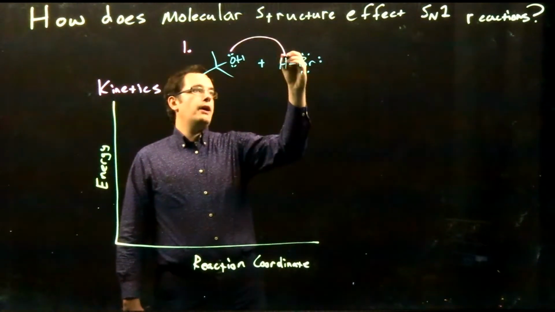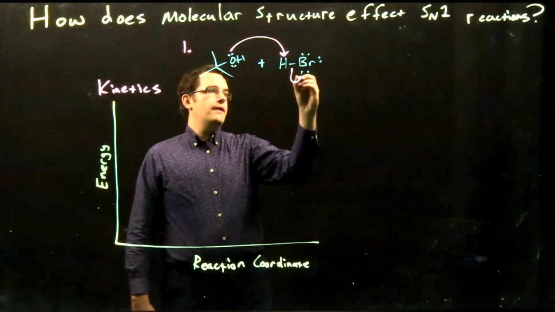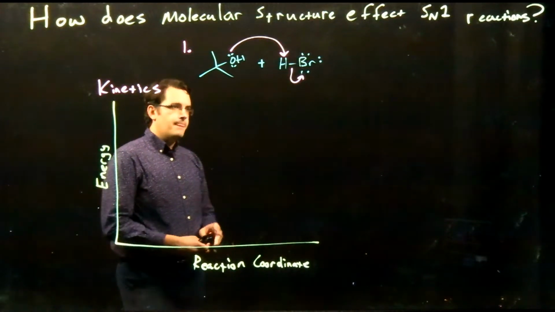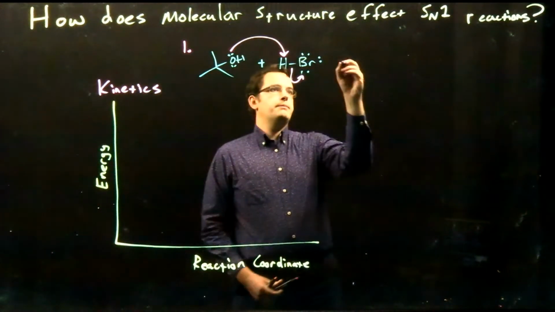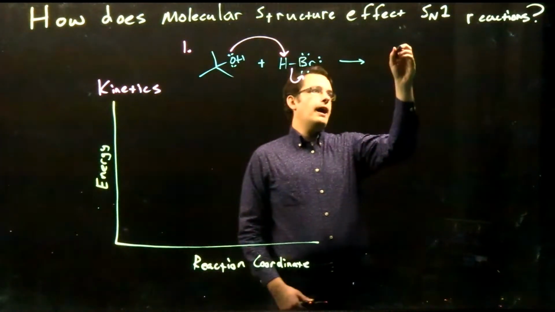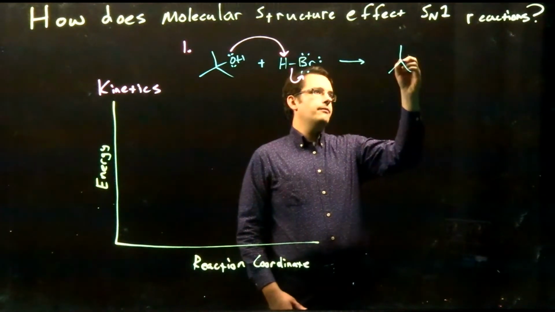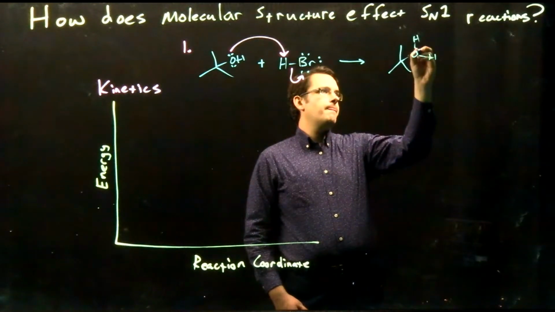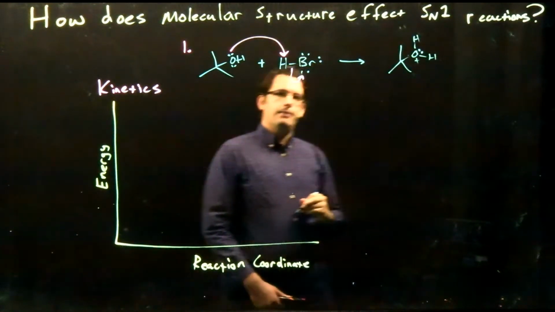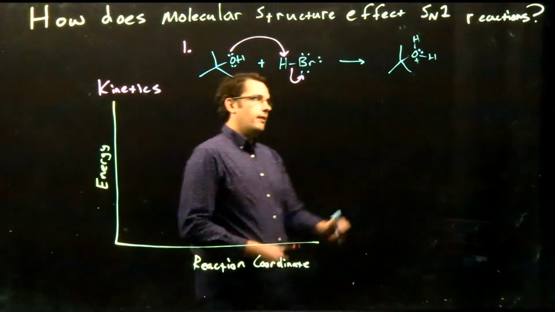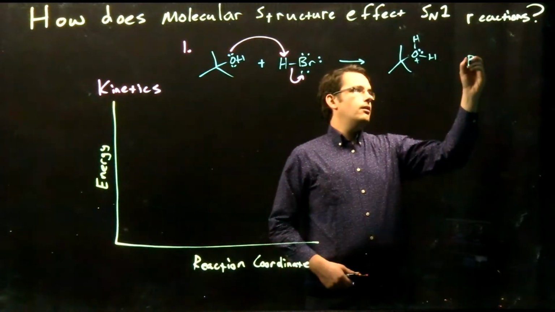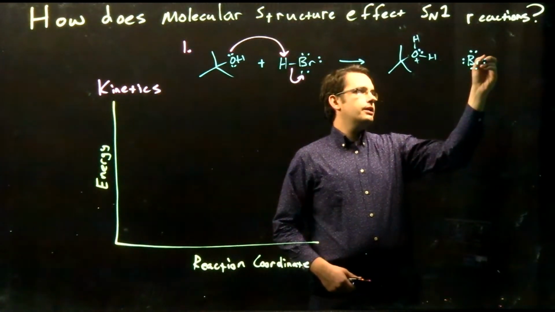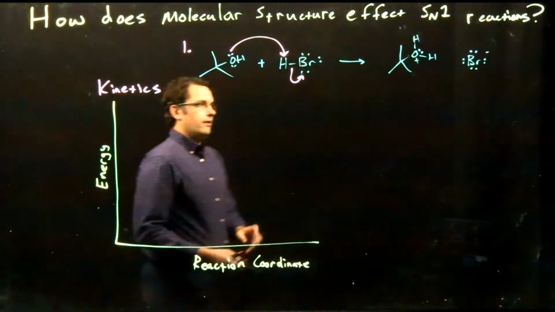So we have our strong acid hydrogen halide that's donating our hydrogen over to our alcohol, and this produces our alkyl oxonium ion. Right? So we have that positively charged oxygen that becomes our good leaving group. We also create our bromide anion as well as the conjugate base of our hydrogen halide.